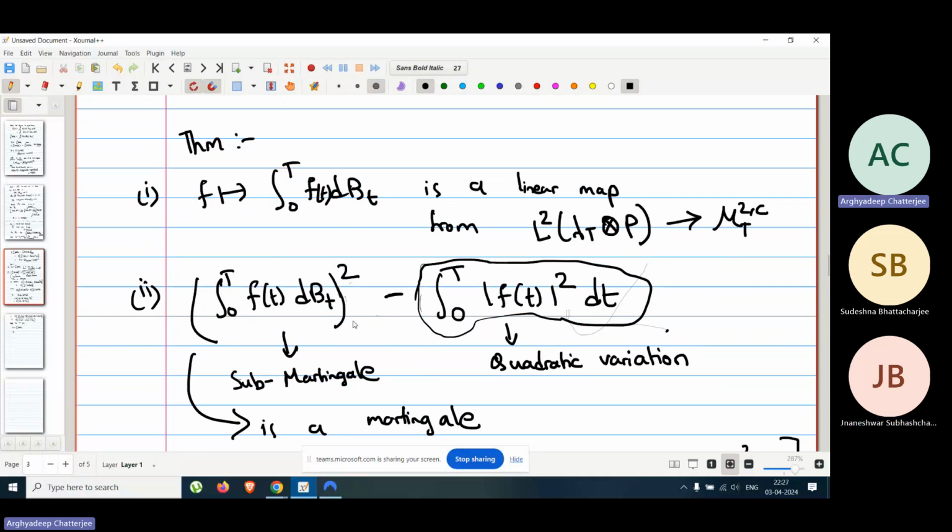We showed this for simple processes. Now we have to show that this works for the closure of simple processes as well, and that requires a small argument.